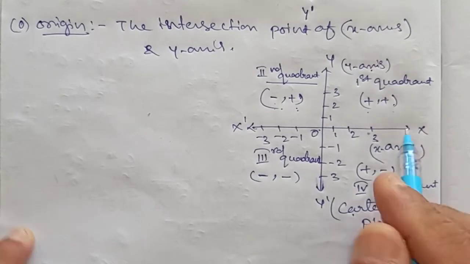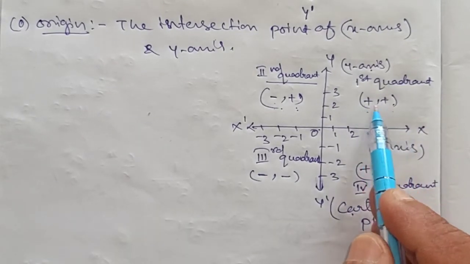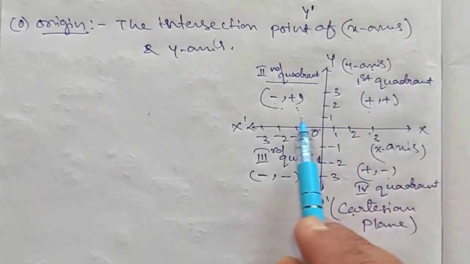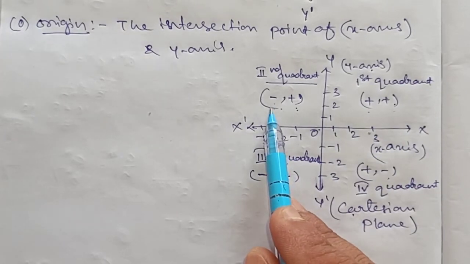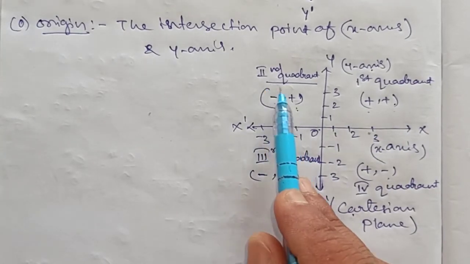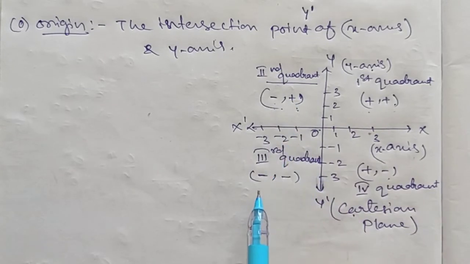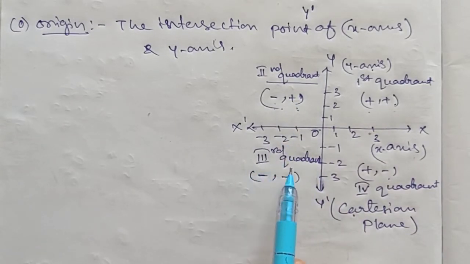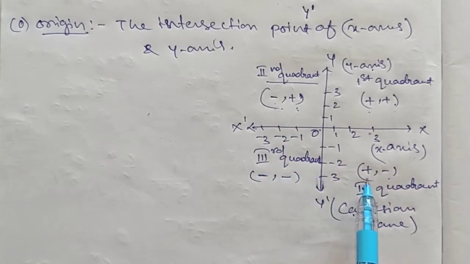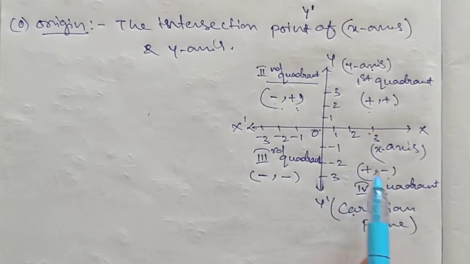Getting? If both the coordinates are positive, it will lie on the first quadrant. If one coordinate is negative and the second is positive, it will lie on the second quadrant. If both are negative, it will lie on the third quadrant. If the first coordinate x is positive and y is negative, it will lie on the fourth quadrant.